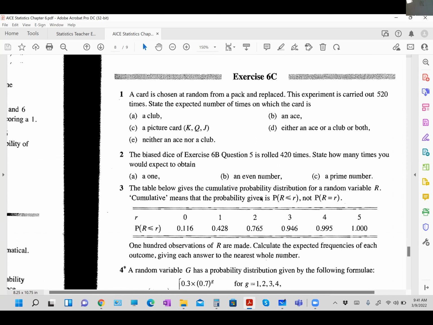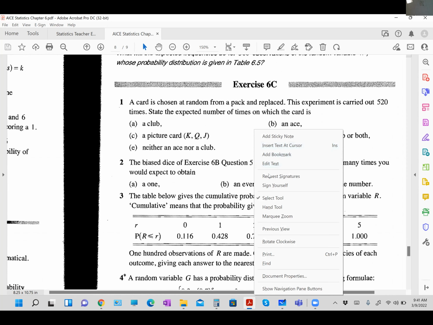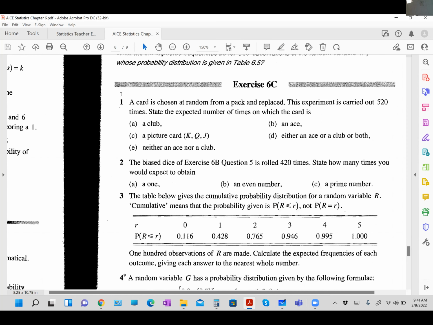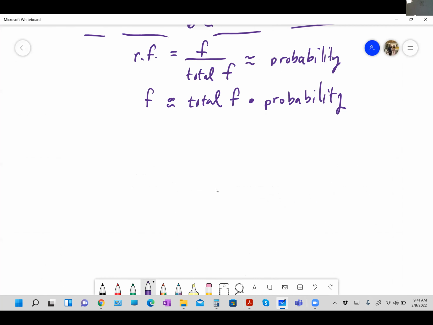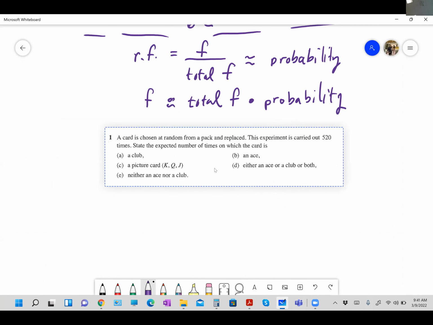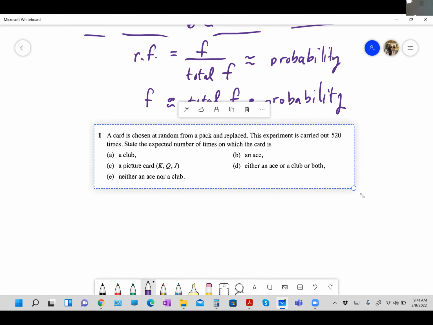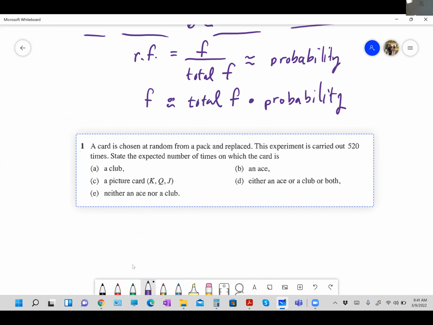Let's just do the simple one first. So I'm going to grab it from 6C and we're going to do it together. Make it a little bit bigger. All right, so there's the question.